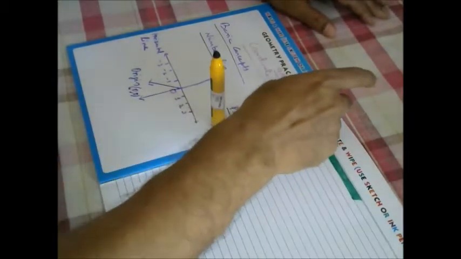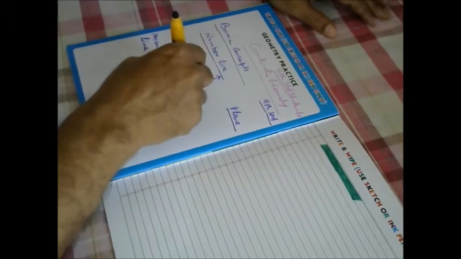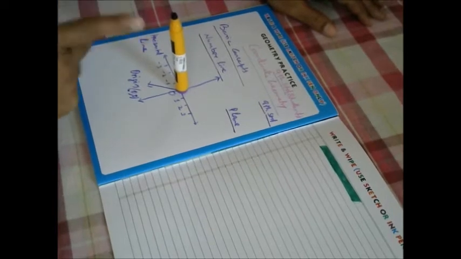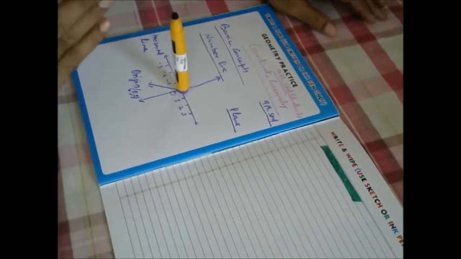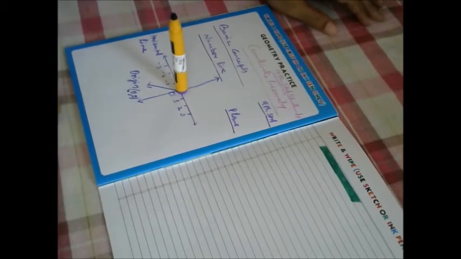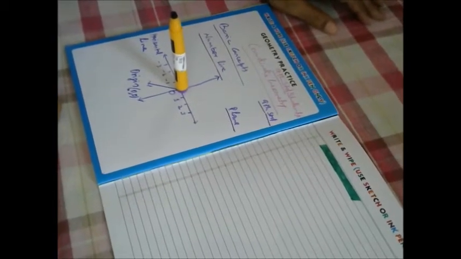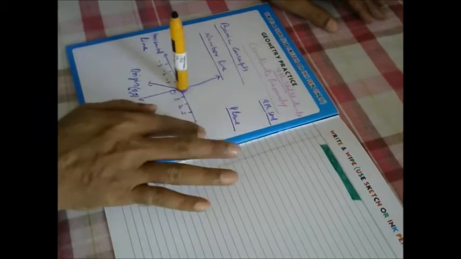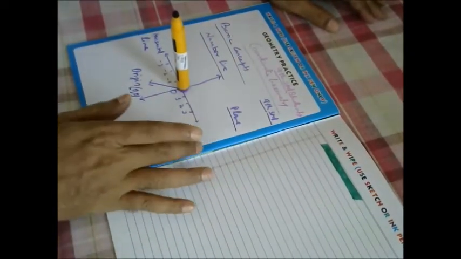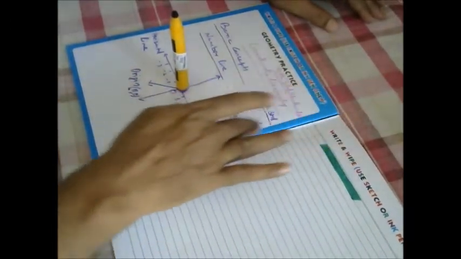Suppose I am taking the reference, suppose I am keeping it here in the origin itself. Now if I want to say where the pen is positioned on the notebook, it is this many centimeters from the right hand margin.